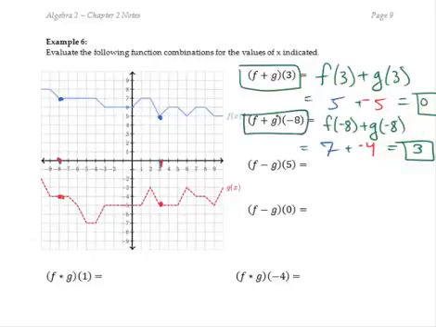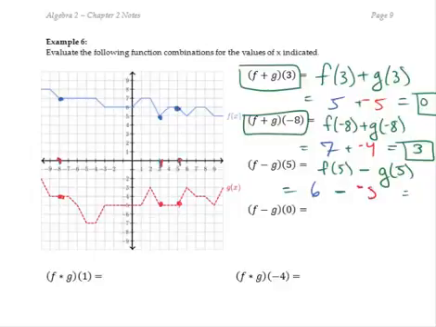Let's go ahead, let's do some subtraction ones. F minus g of 5, so f of 5 minus g of 5. F of 5 right here is positive 6. G of 5 right here is negative 5.